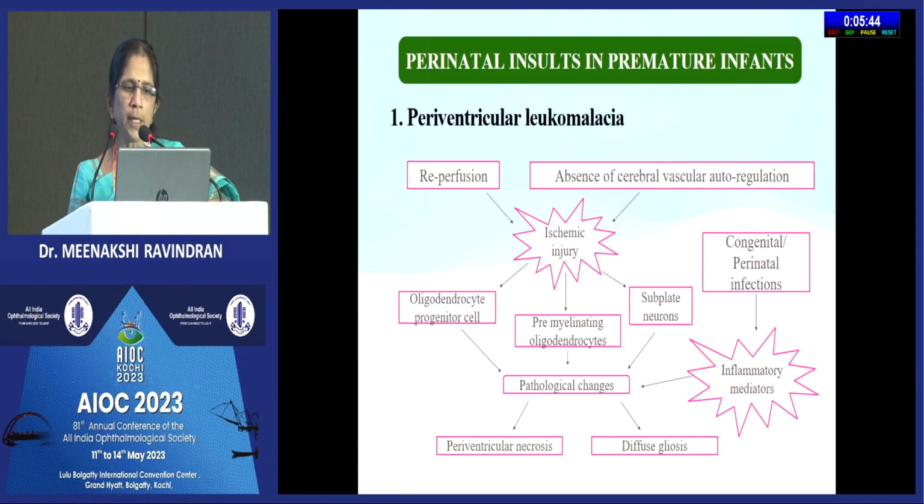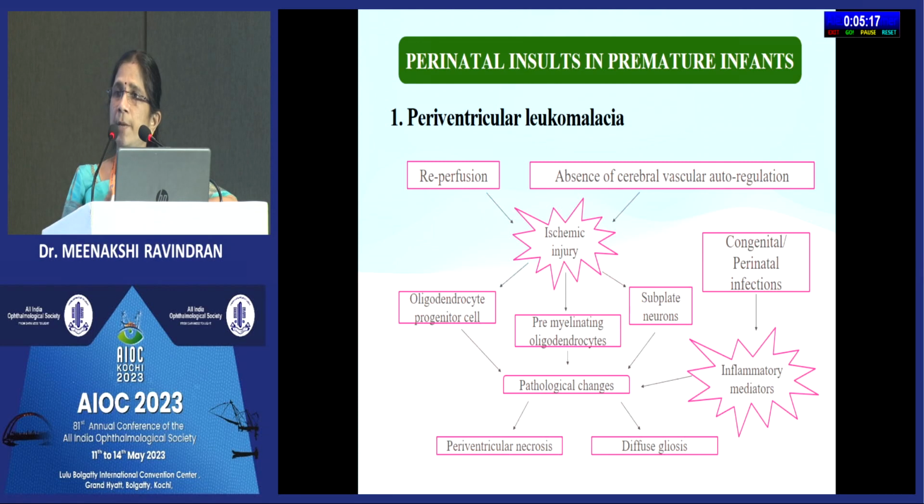As you can see here, cerebral vascular autoregulation is absent in these preterm infants or early term infants or low birth weight babies. So when they have an ischemic injury, it can damage the pre-myelinating oligodendrocytes, and this can lead on to diffuse gliosis or periventricular necrosis. As you are all aware, it is mostly around the lateral ventricles, and the corticospinal tracts also go close to the ventricles.